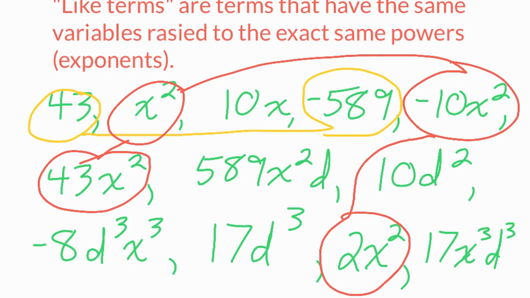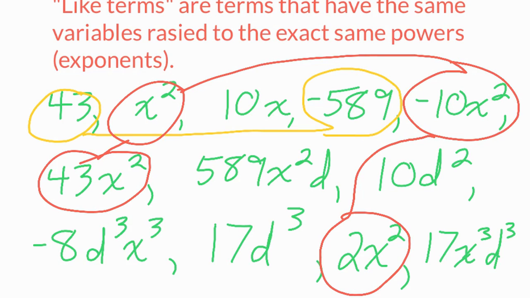Are there any other like terms here? What about this one right over here, 10x? There are all of these x's all over the place. Is this a like term with any of these?